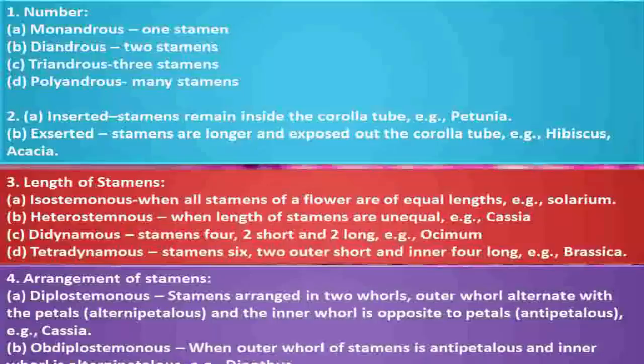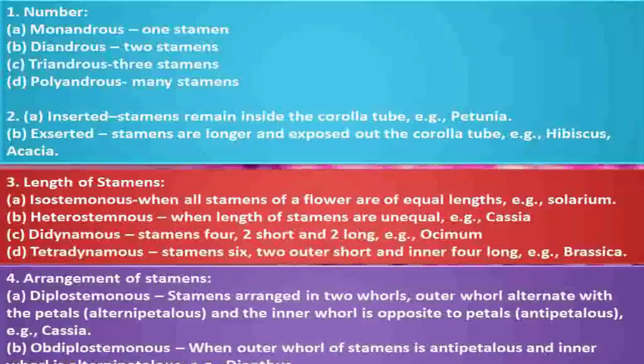As I told you, if it is inserted, that means the stamens remain inside the corolla tube. That means when the stamen remains within the flower, then that is known as inserted.